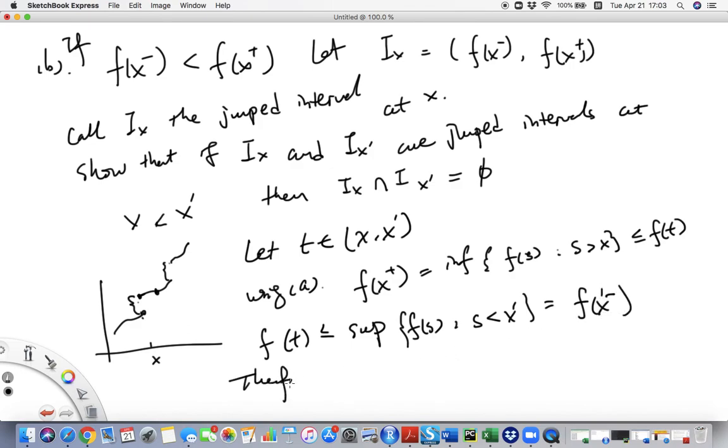Therefore f of t is greater than this but less than this, so you know that f of x plus is less than or equal to f of x prime minus, okay? So you have two intervals, and the right endpoint of one is less than the left endpoint of the other. So they are disjoint.